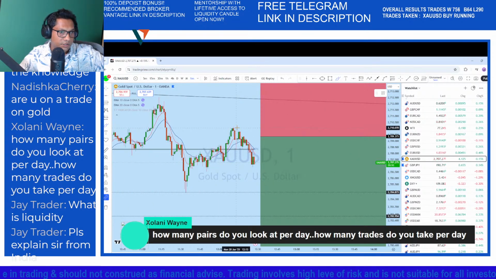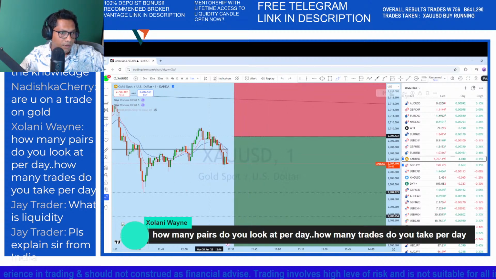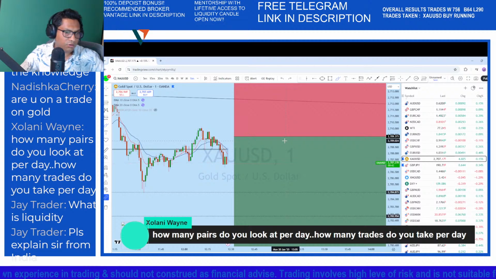And here is a double top, downward pressure, expecting the market to come back to the support.